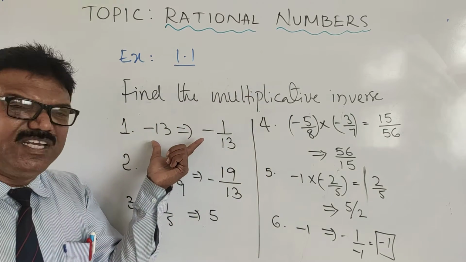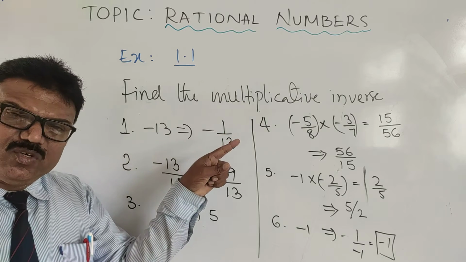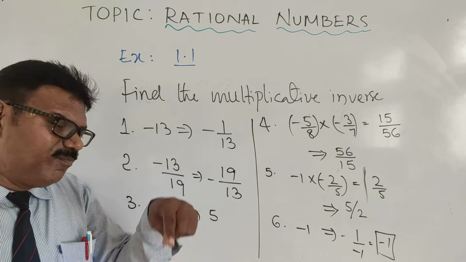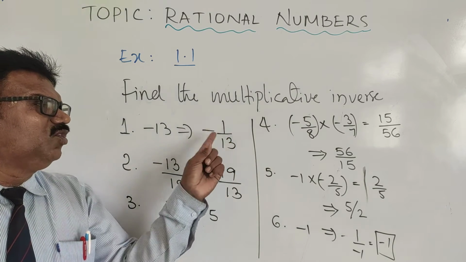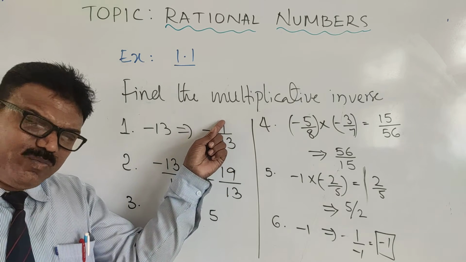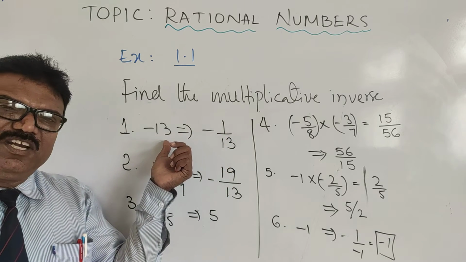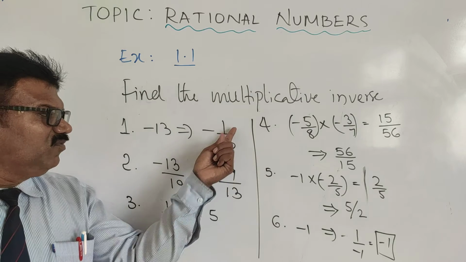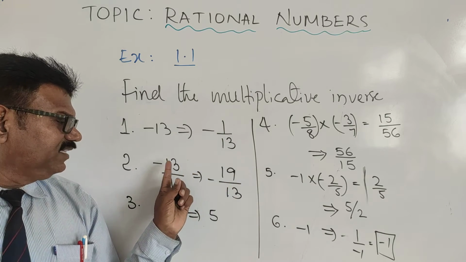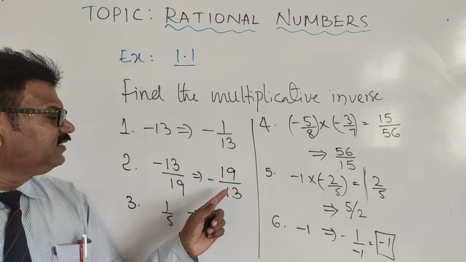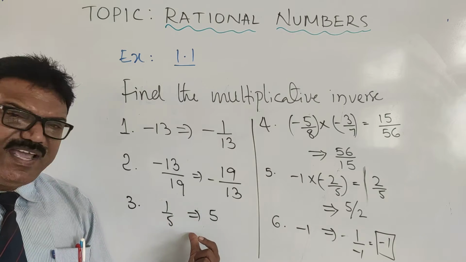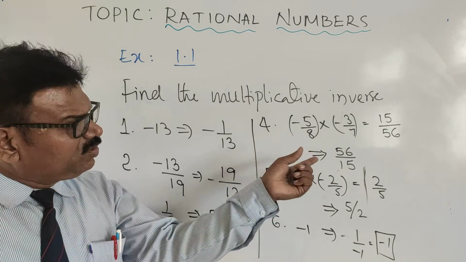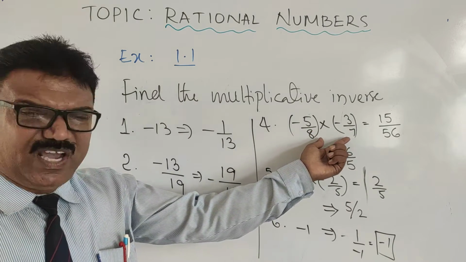Just see, find the multiplicative inverse. What I told, multiplicative inverse means just we have to change the numbers, that is numerator to denominator, denominator to numerator. Here only the numerator was there, the denominator was not there. Minus 13 by 19 means minus 19 by 13. 1 by 5 is 5. Here we have to simplify.